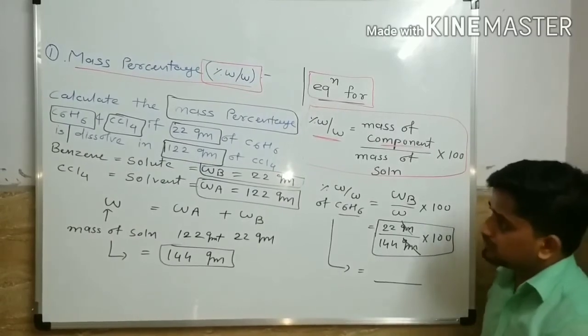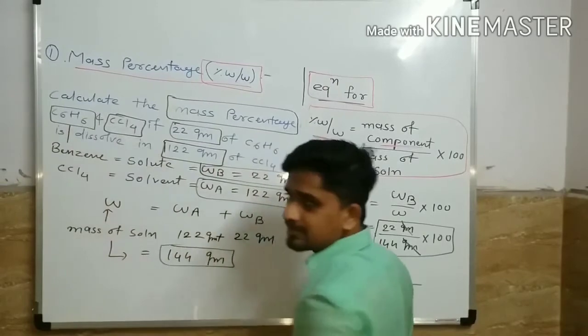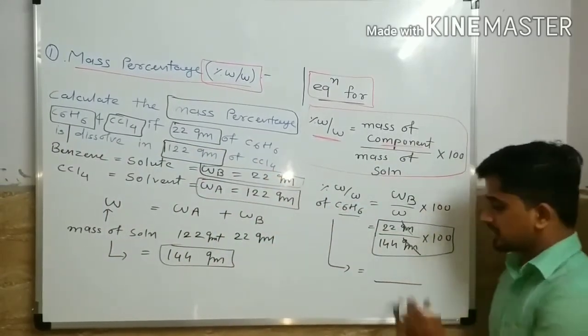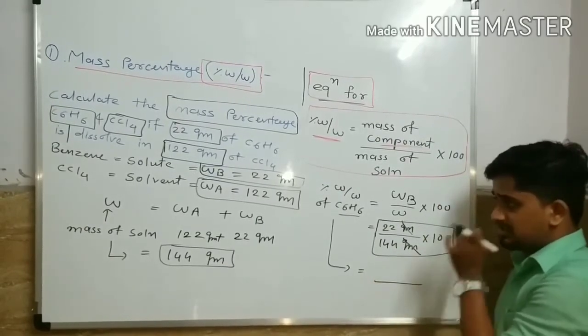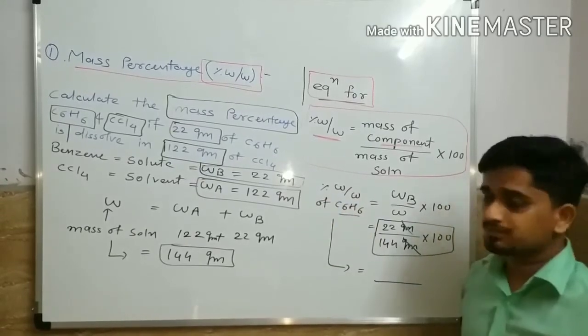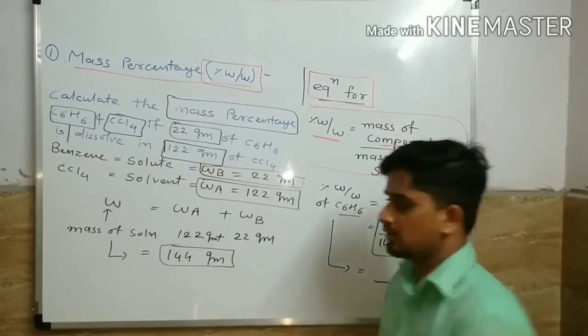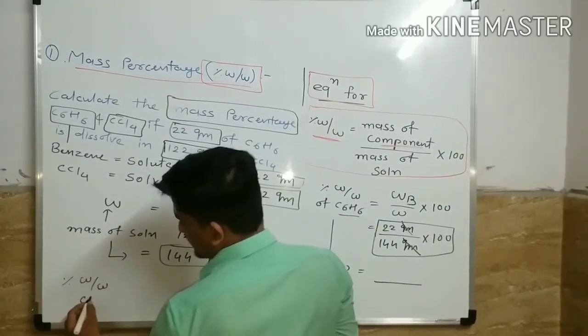Okay? So we found the mass percentage for benzene. Just calculate this and write down your answer here. This answer is your percentage of W by W of benzene. Now we have to calculate mass percentage for CCl4.